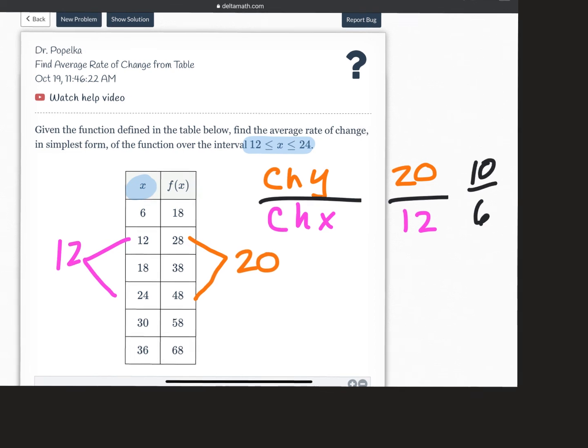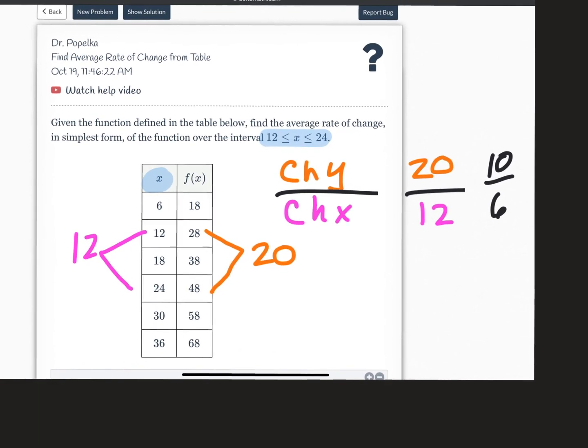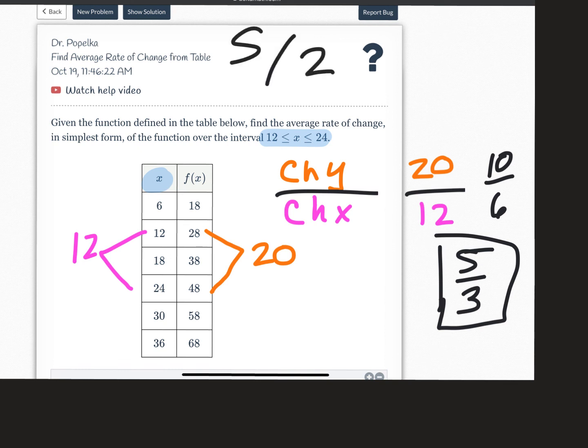Divide by 2 again. Is it wrong that I had to take 2 steps to get it to simplest form? It's not wrong, okay? If you need to do that, do that. Although I could have just divided by 4 and done it in 1 step, doing it in 2 steps does not mean I'm wrong. So to type it into Delta Math, you'll just say 5/3 in simplest form, okay?